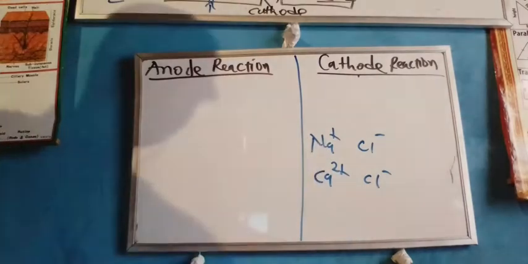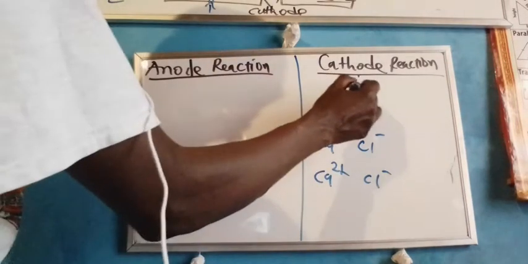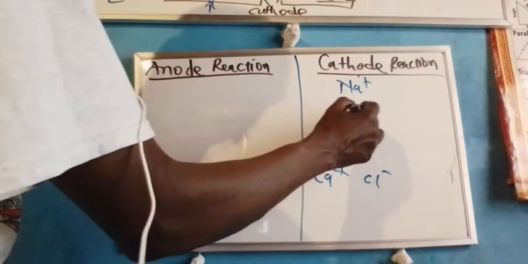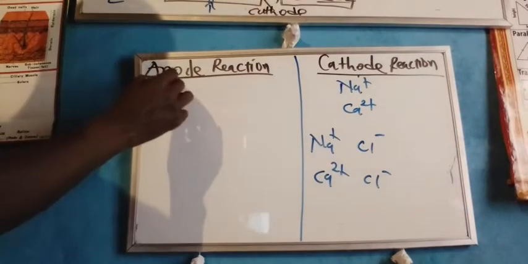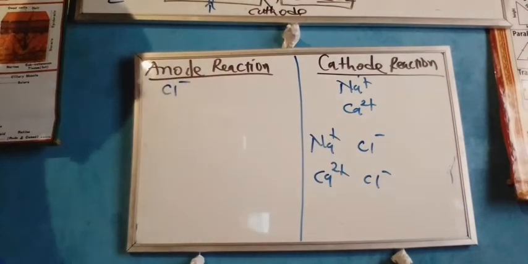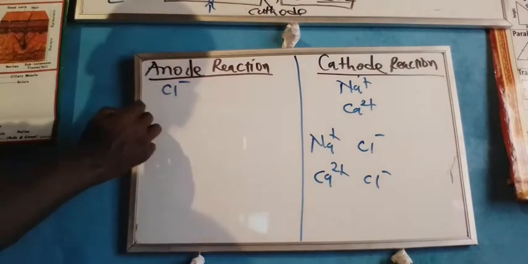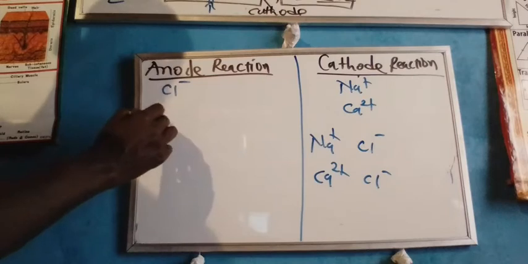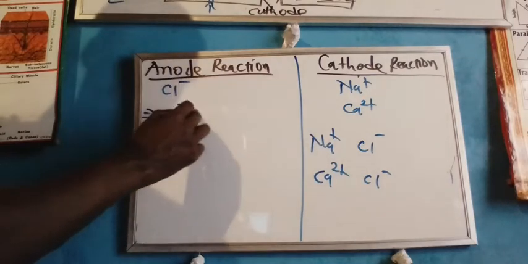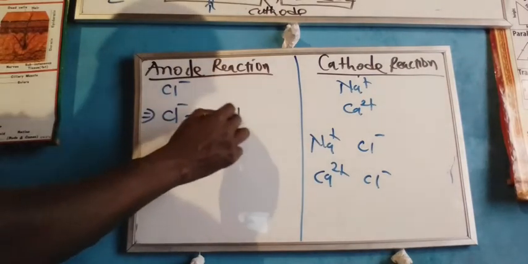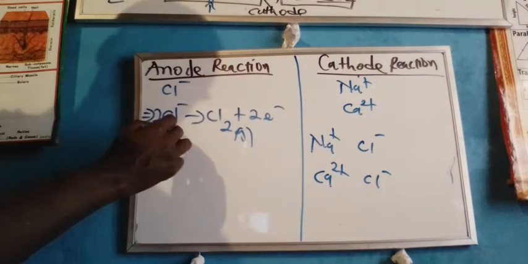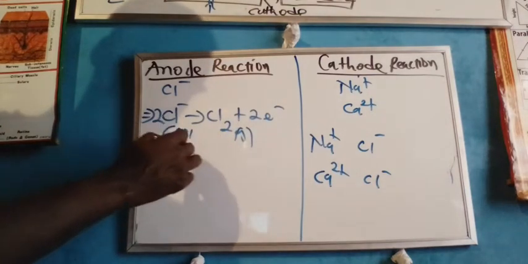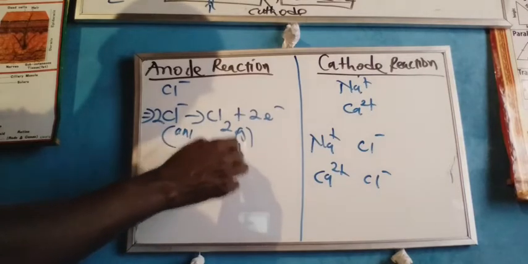Being positively charged, sodium and calcium ions shift to the cathode, while chloride ions shift to the anode, in principle of being negatively charged and attracted by the positive terminal. Next, the reaction which happens at the anode is an oxidation process where the chloride ions readily discharge 2 electrons, forming chlorine gas, and that process is complete as an oxidation process.